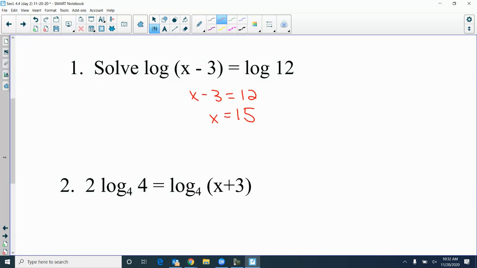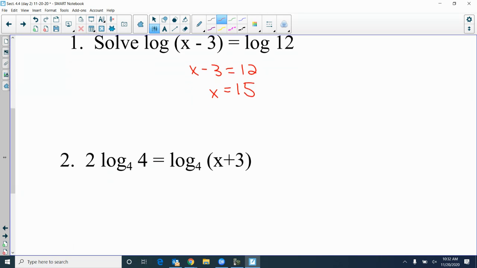All right, copy that one down. Before you can set them equal to each other, make sure it's just the log. So this 2 you got to be careful of. You cannot set 4 equal to x plus 3. We got to move the 2 up as an exponent.